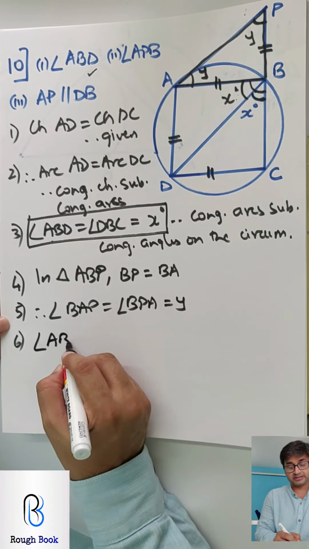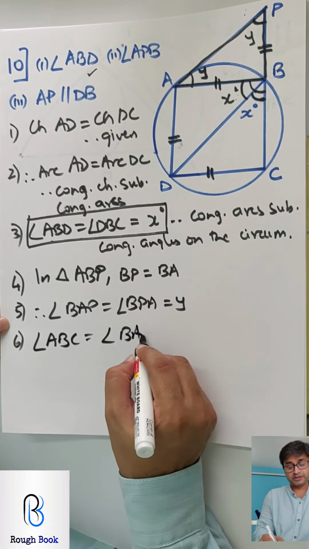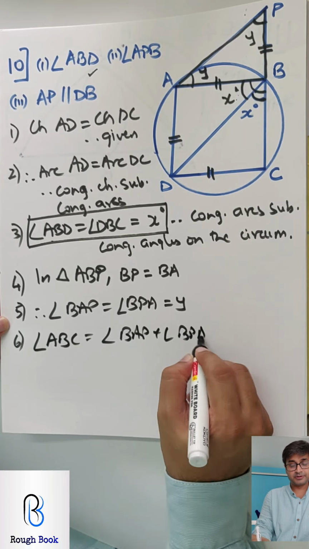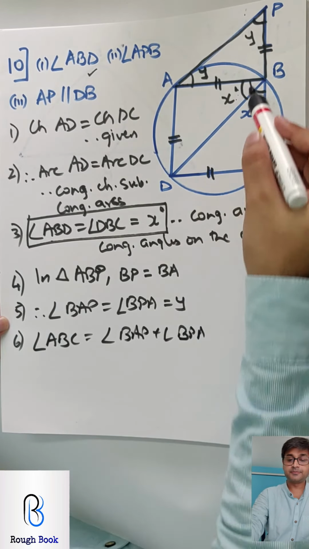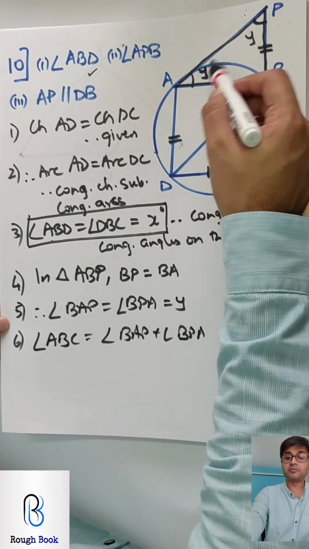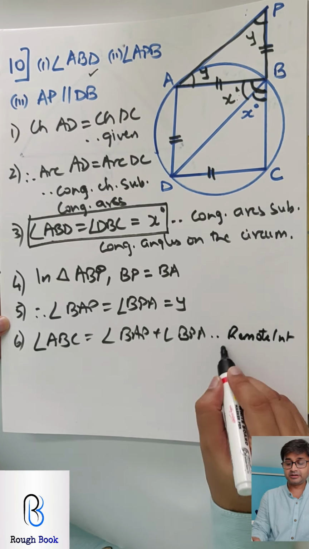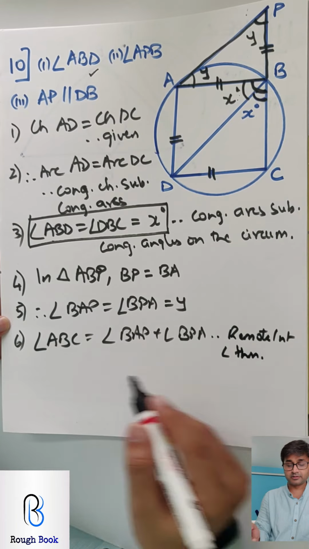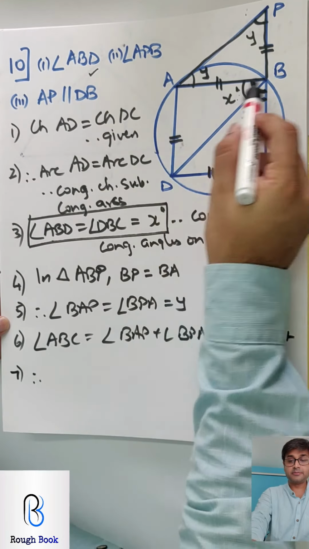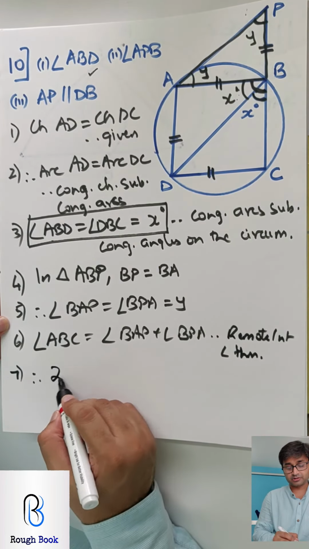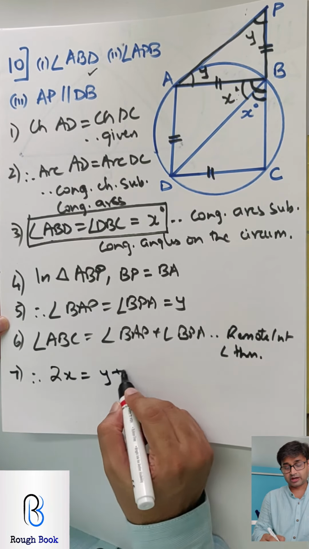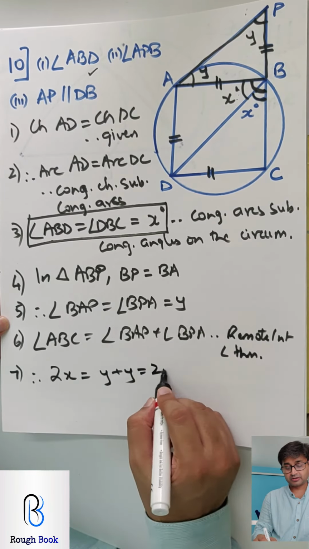Now angle ABC is equal to BAP plus BPA. So exterior angle, this full angle equals to sum of remote interior. Reason, remote interior angle theorem. Therefore ABC is x plus x, or you can say 2x, and this is y plus y, or you can say 2y.